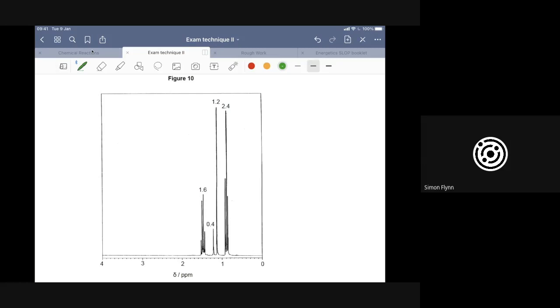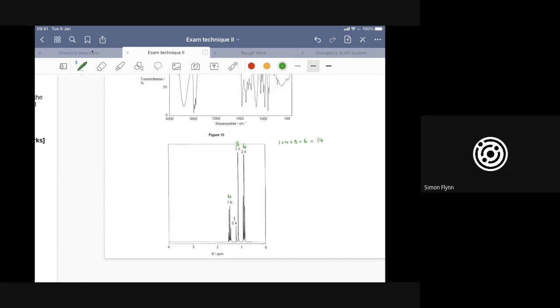It's 0.4. Divide everything through by 0.4. 4, 1, 3, 6. What's 1 plus 4 plus 3 plus 6? It equals 14. Let's just double check our formula at the beginning.